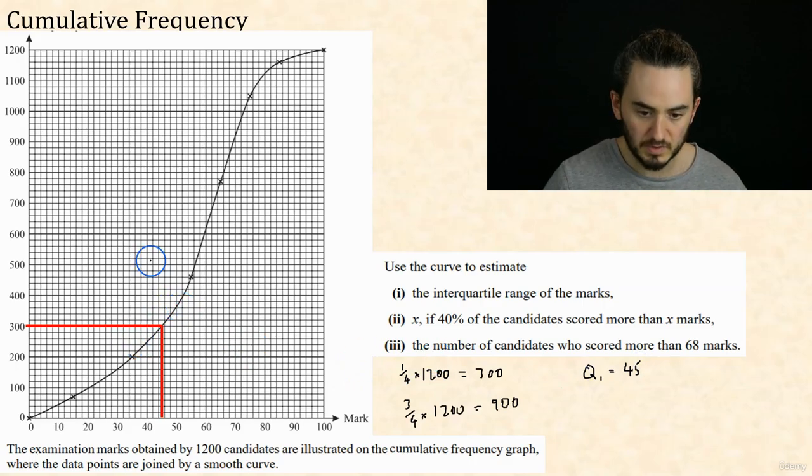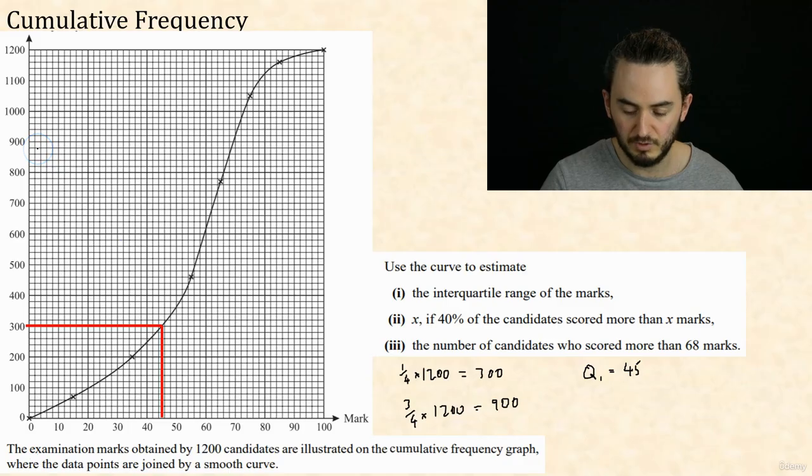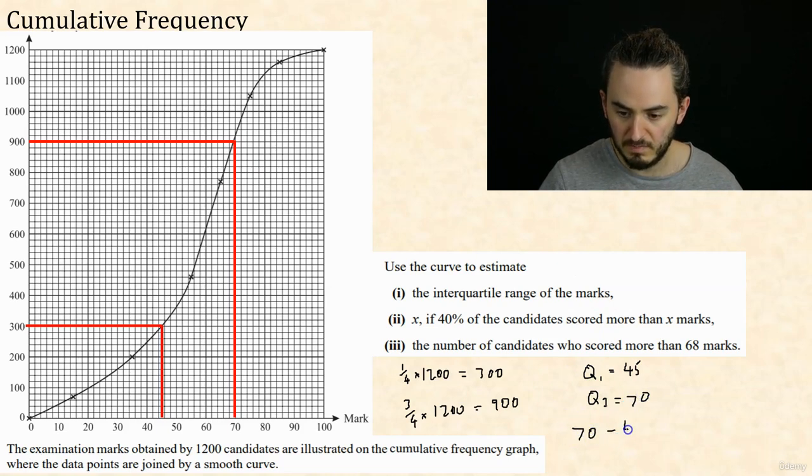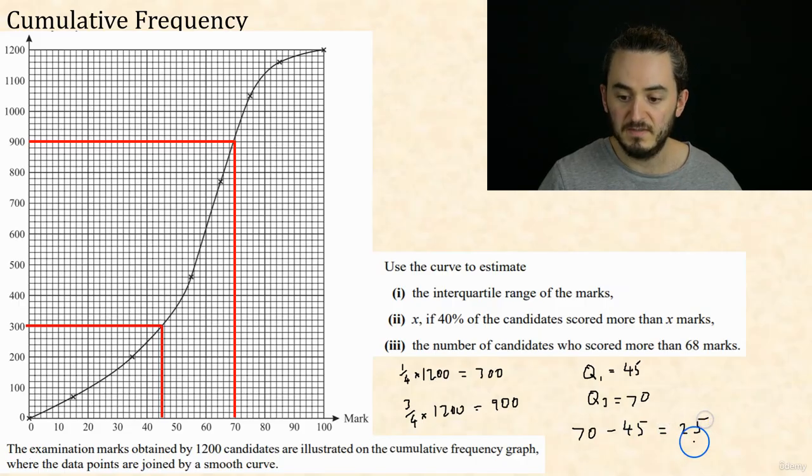And for the upper quartile, I'll draw a line out from 900 and then down to the graph, and that looks like it's bang on 70. So that means that my upper quartile is 70. So the interquartile range is upper quartile minus lower quartile, which is 25. So there's an estimate for the interquartile range of the marks.